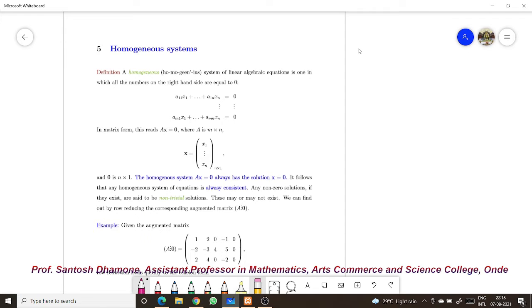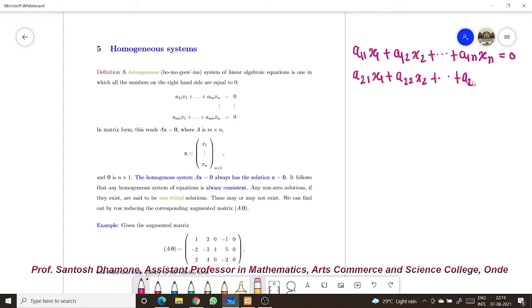a11 x1 plus a12 x2 plus and so on plus a1n xn is equal to 0, a21 x1 plus a22 x2 plus and so on plus a2n xn is equal to 0, and so on, am1 x1 plus am2 x2 plus and so on plus amn xn is equal to 0.